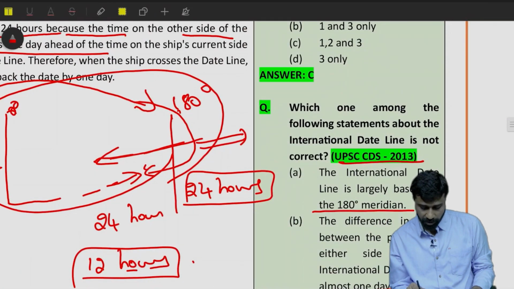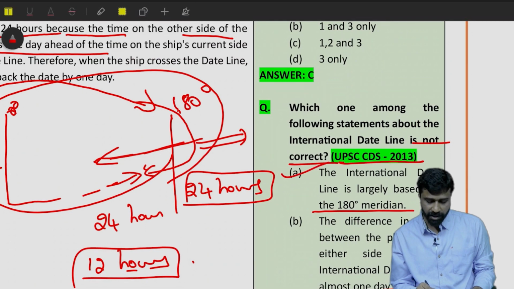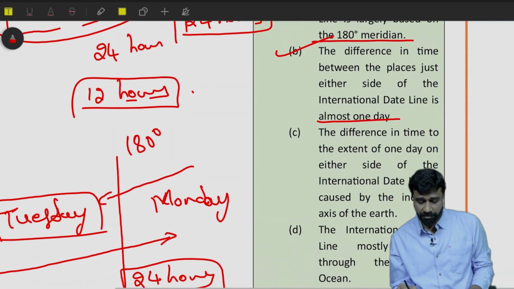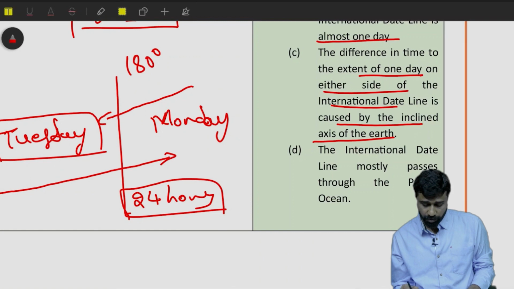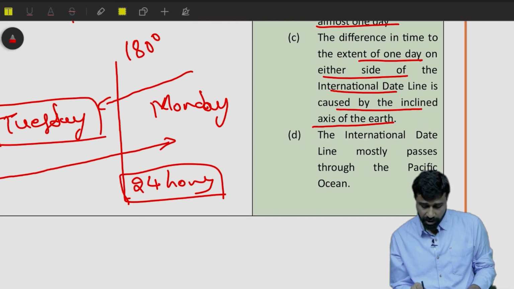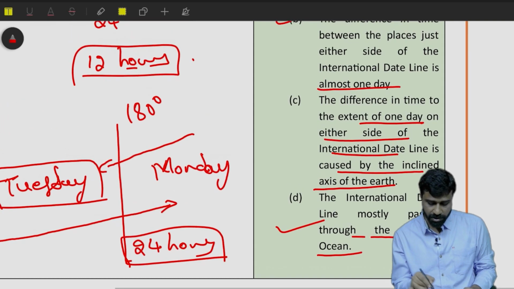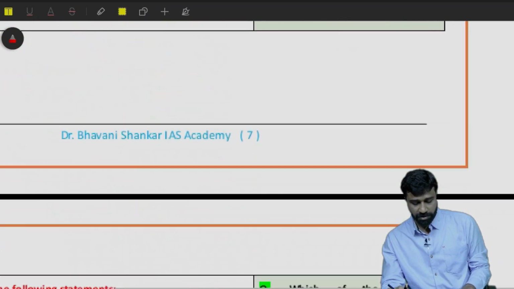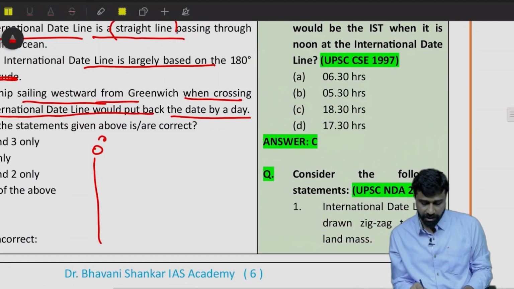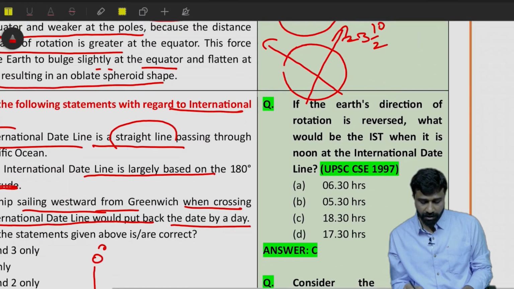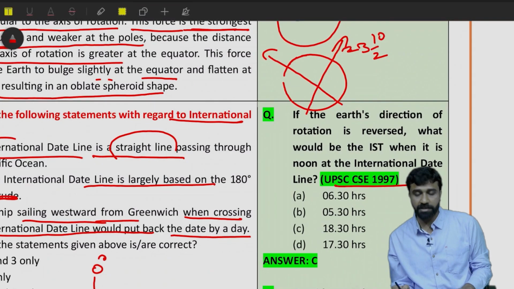Yes, A is right, B is right, and the difference in time to the extent of 1 day on either side of the international dateline is caused by the inclined axis of the earth. No, that is incorrect, so C is incorrect here. The international dateline mostly passes through the Pacific Ocean, that is true. So these are the questions asked on the international dateline, and a similar question was asked in India in 2009 and in UPSC CSC in 1997 also.